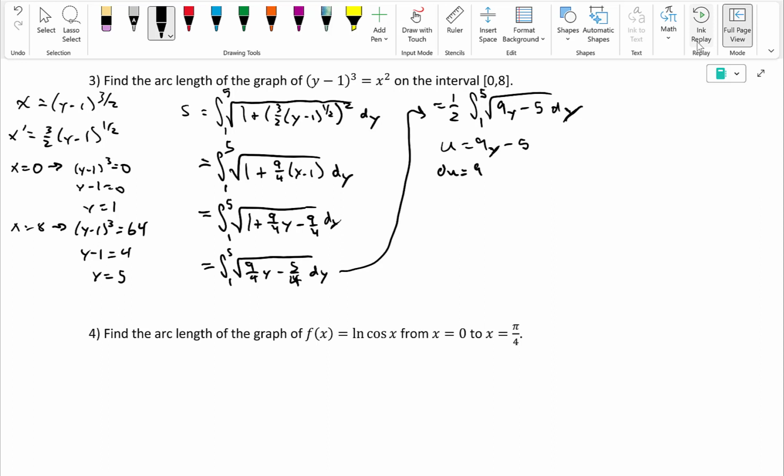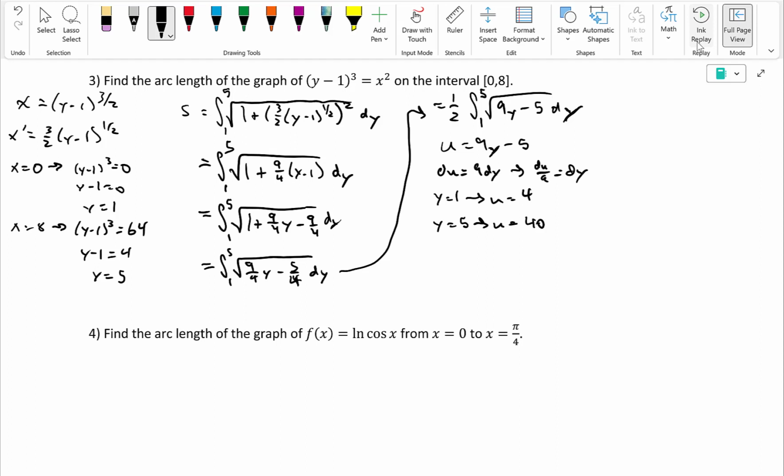Du then equals 9 dy, or du over 9 equals dy for our substitution. And then our bounds as well. If y equals 1, u would equal 4. If y equals 5, u would equal 45 minus 5, or 40.